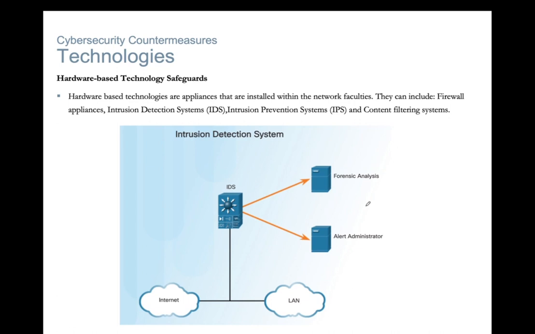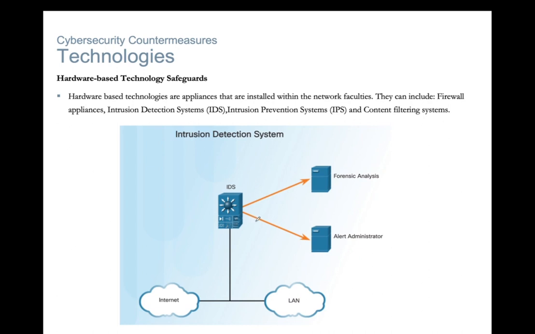There are several hardware-based technologies used to safeguard an organization's assets. One is firewall appliances, which block unwanted traffic; firewalls contain rules that define the traffic allowed into and out of a network. Dedicated intrusion detection systems detect signs of attacks or unusual traffic on a network and send an alert to administrators.